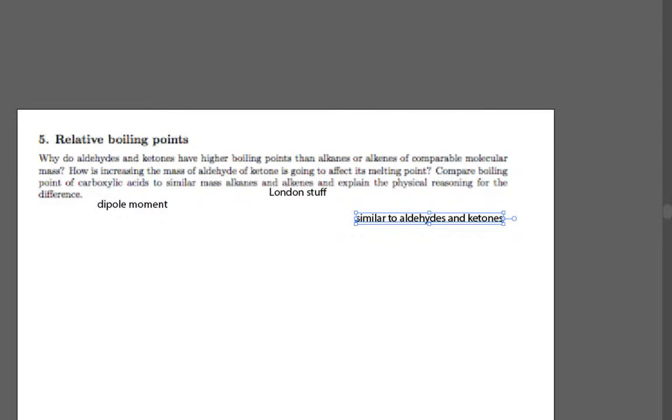Let's see. Where is the PE and others? That's glass fibers, composites. There we go. Okay.